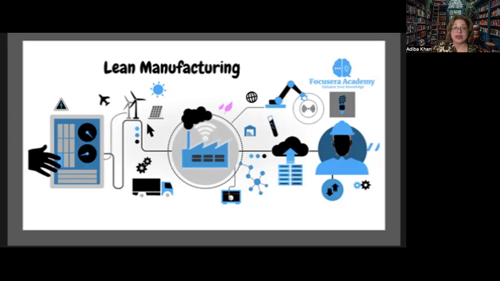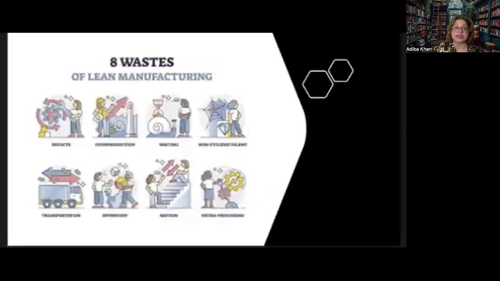So lean philosophy aims to create this whole culture where everybody's invited to improve not only themselves but also the company processes. So it emphasizes the importance of quality over quantity, and it aims to deliver products that meet or exceed the customer specification.